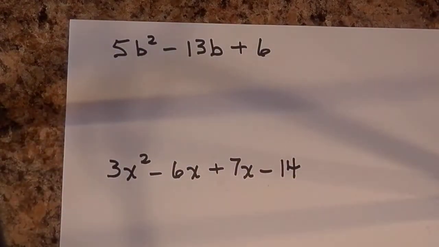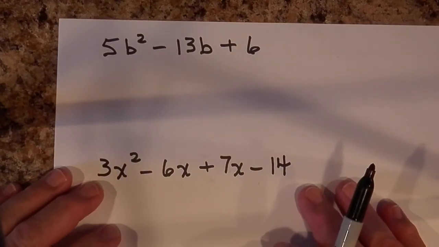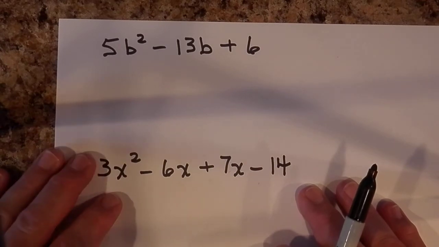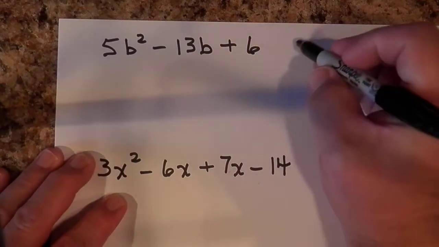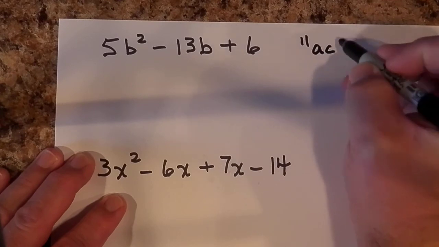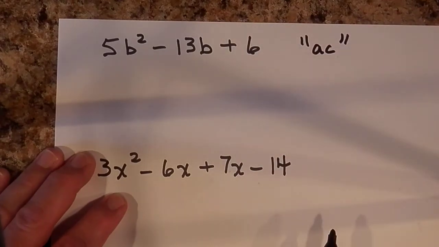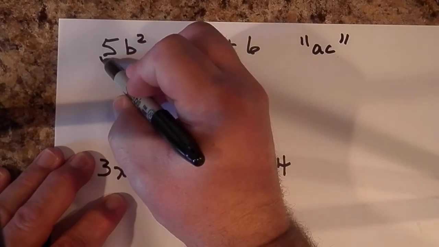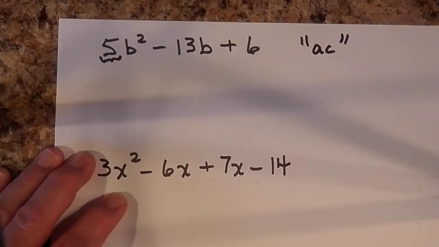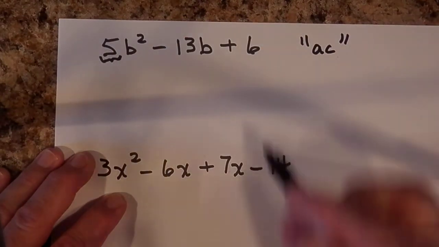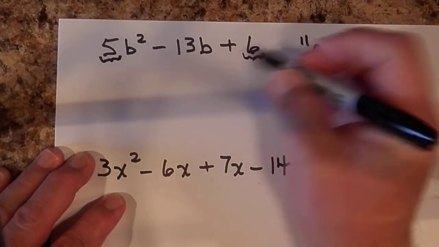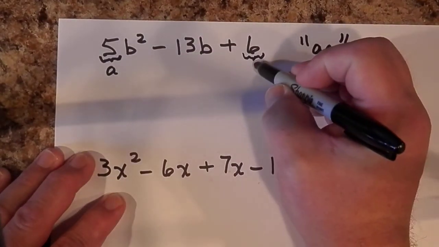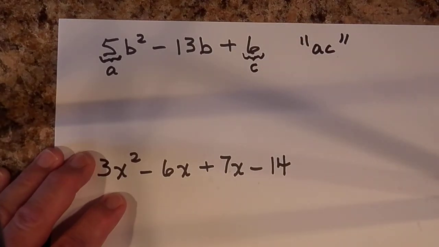Two more examples to go. The first one has no common factors. We're going to use what's called the AC method here. In the AC method, we look at A, which is typically the letter used to represent the first coefficient, and C, which is the last term.